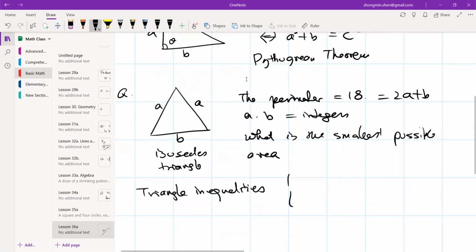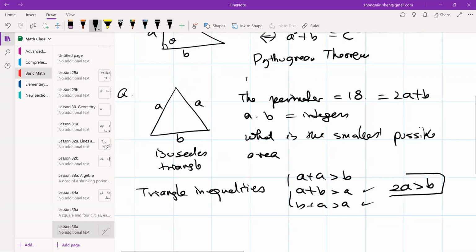There are three inequalities: A plus A greater than B, A plus B greater than A, B plus A greater than A. You find out the last two are always trivial, since A plus B is of course greater than A. So the only inequality you need to be careful about is 2A greater than B. Then you can get a triangle. Otherwise, it's not going to be a triangle.